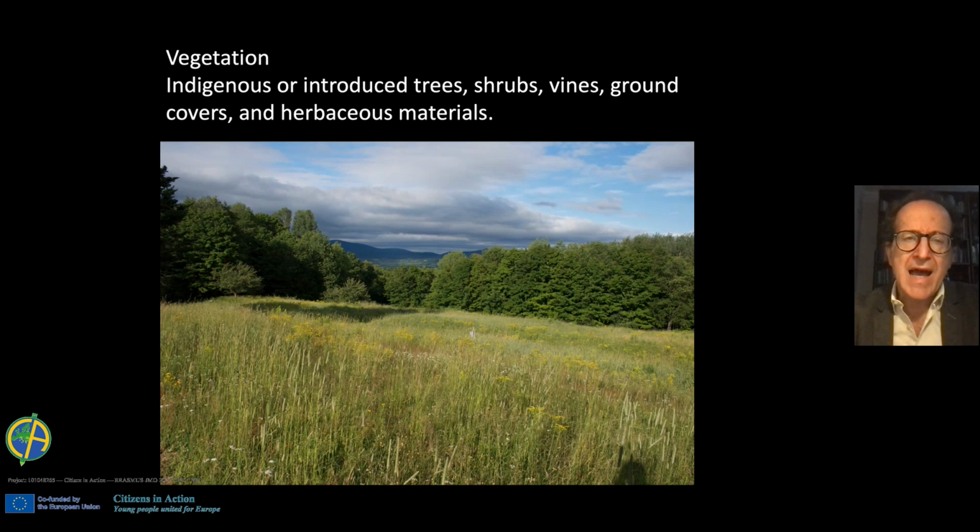Then vegetation is all the elements, green elements that are indigenous or introduced. They can be trees, shrubs, vines, ground covers, any herbaceous material that gives a shape, gives a recognized character of our landscape.